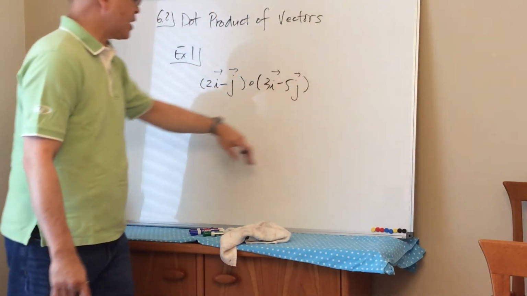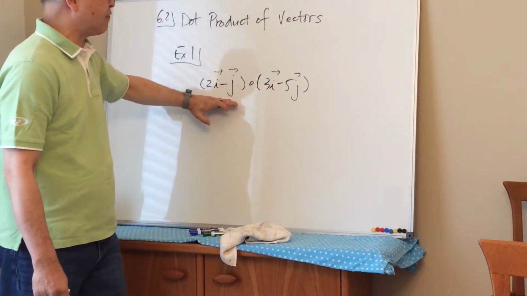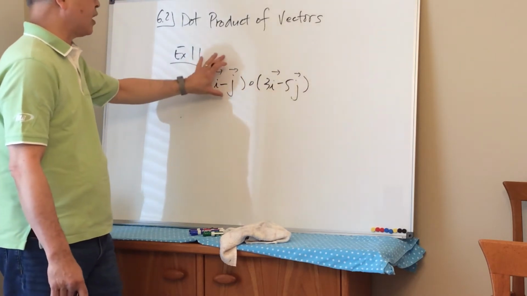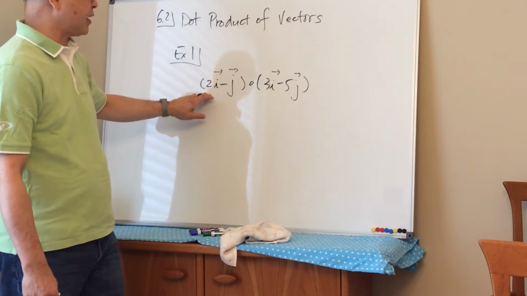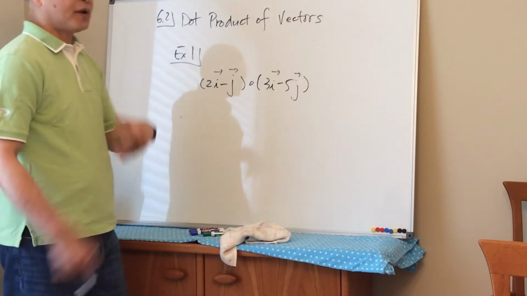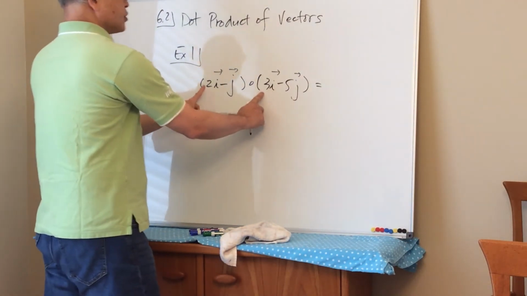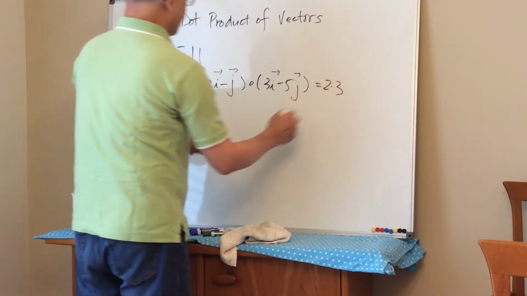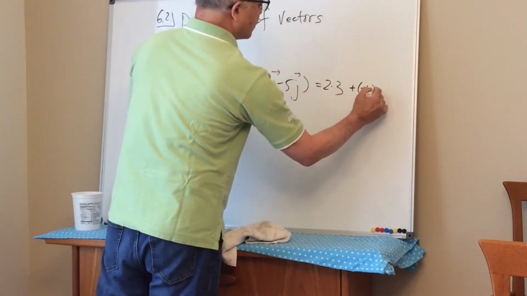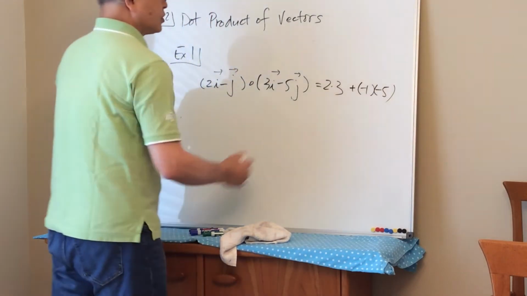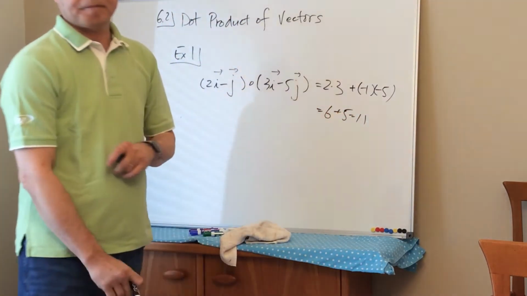Now, realize that I'm using the regular brackets here because this is not in our regular vector form. So that's why it's not in the different brackets, but it's the same thing. So we're going to take these two together. It's going to be 2 times 3, and then I have -1 times -5. As such, I get 6 plus 5, which is 11. Okay?